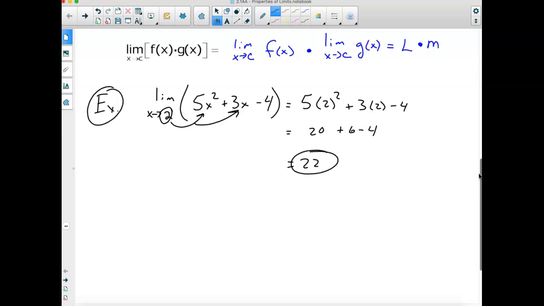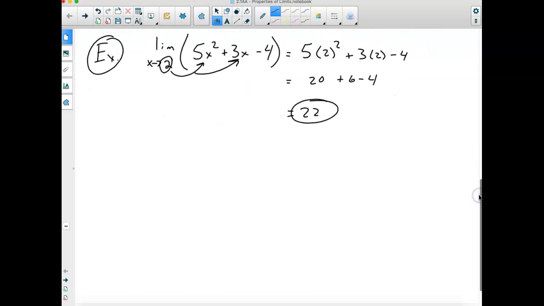How the heck would all my properties of limits above this problem apply to this? Well, it would allow me to take everything apart and get the same thing. You're never going to do this. But what it means is really, I'll write this, limit x approaches 2 of 5x squared plus 3x minus 4, okay? Understand this is 5 times x times x.